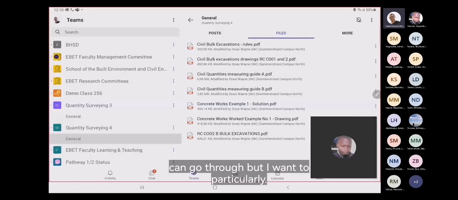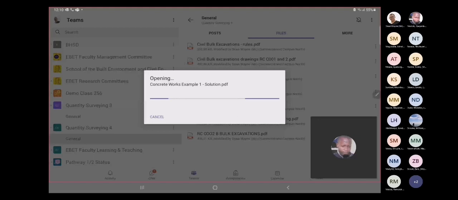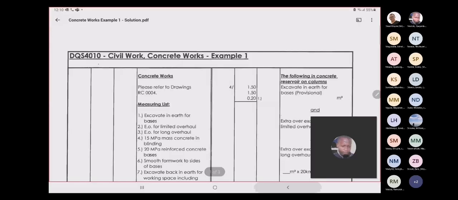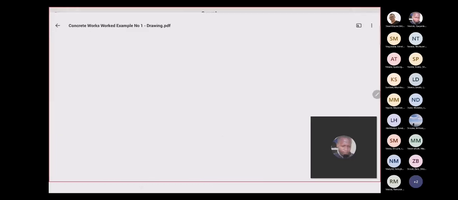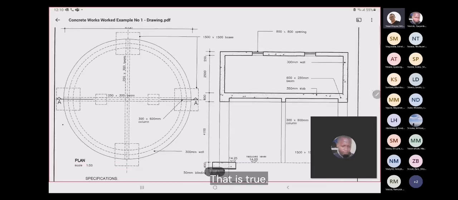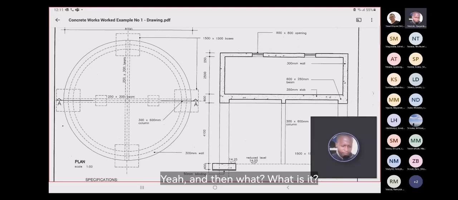But I want to particularly get to this drawing. Interesting drawing. What does that look like? Is this a reservoir? It is a reservoir.